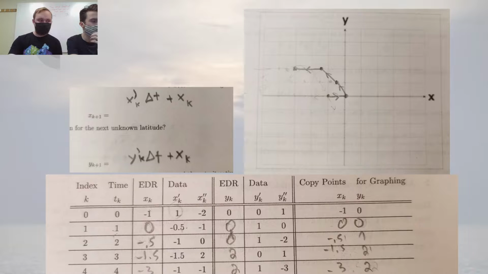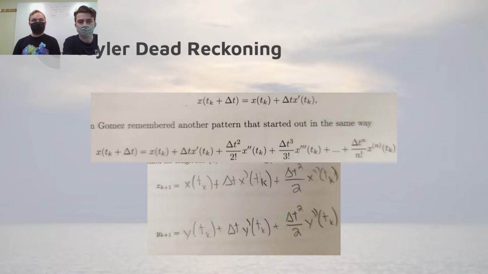If we look at the next slide, we're actually going to look at Taylor's dead reckoning, because this is when the captain thinks, hey, I might get a more accurate result if I take this method, which actually takes into account my acceleration, because I have that data. The formula down below is Taylor's method, and we have the value of our previous position, our change in time multiplied by our velocity, and our change in time squared divided by 2 times our acceleration.